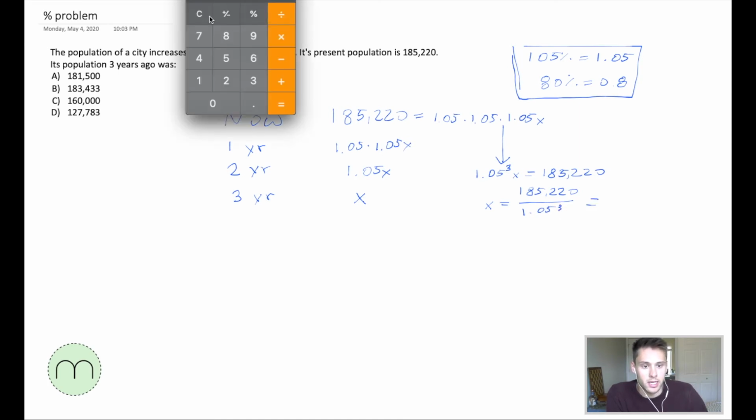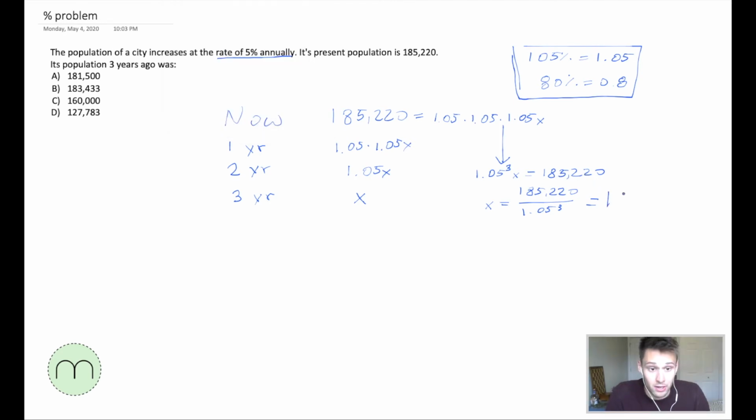And I guess we can use a calculator to solve that. And we end up with 160,000, which is answer C.